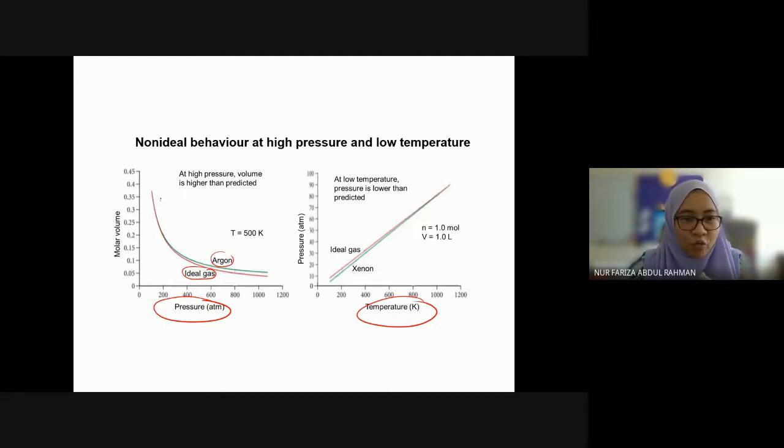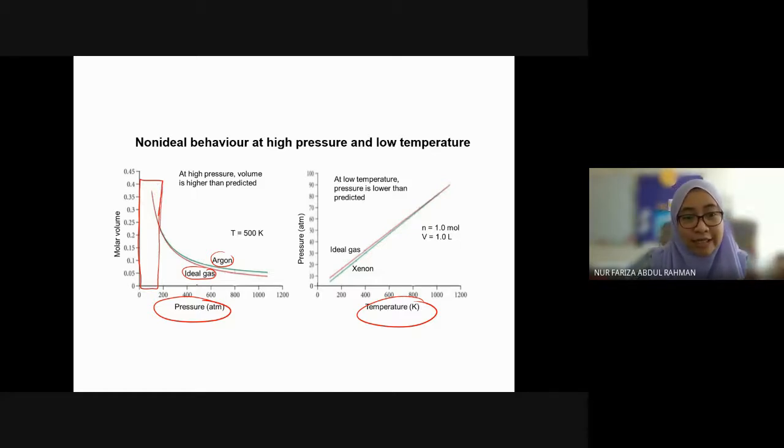Nampak tak? At lower pressure, kawasan lower pressure, dia nampak as if dia overlap with one another. Kan? So maksudnya kita boleh kata real gas, which in this case argon, at lower pressure has behave as ideal gas.